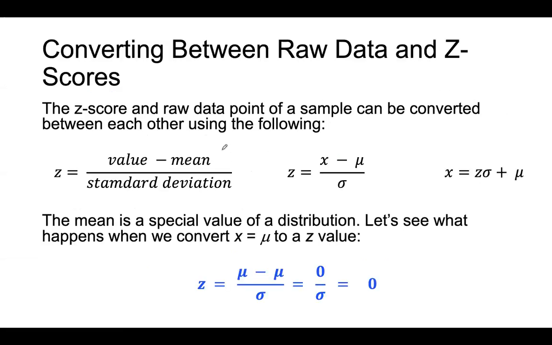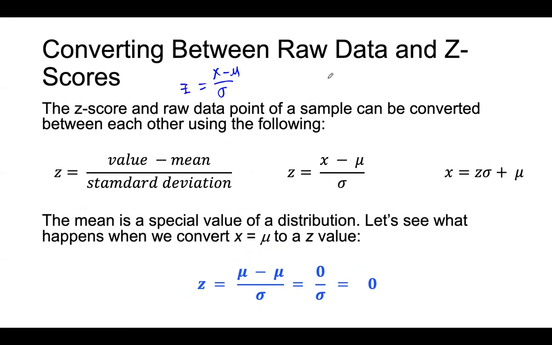So this is what we do: converting between raw data and z-scores. The z-score and raw data point of a sample can be converted between each other. Essentially we have our raw data, x, we subtract the mean, and we divide by the standard deviation. That is our z-score.